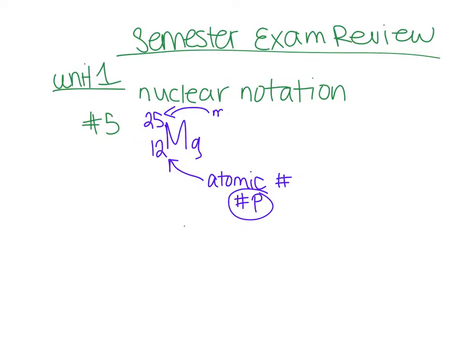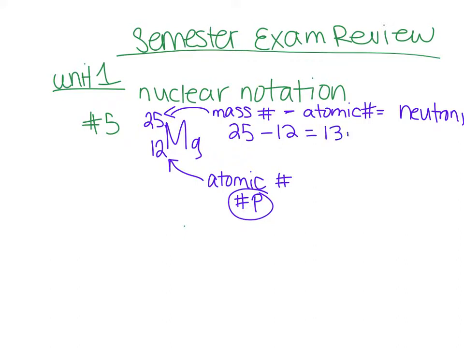We can use our mass number and subtract our atomic number to get the number of neutrons. Good. So on this one, you would have had 25, subtract your 12, you would have had 13 neutrons.